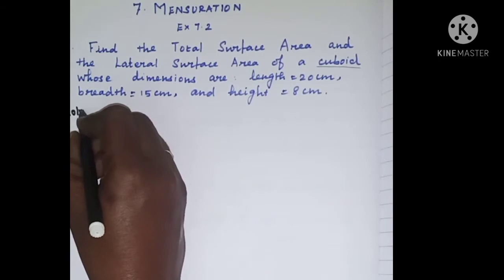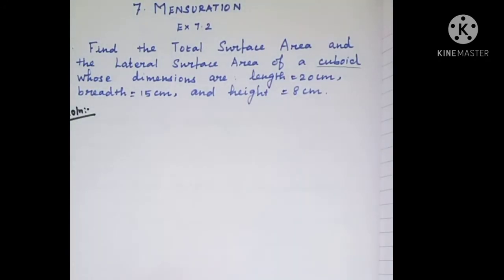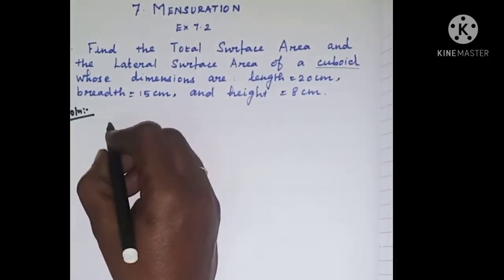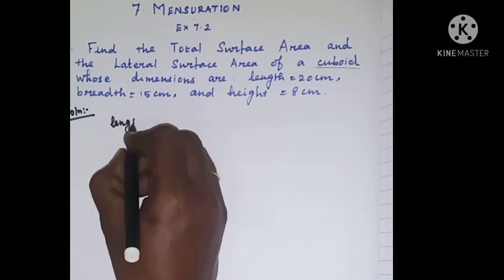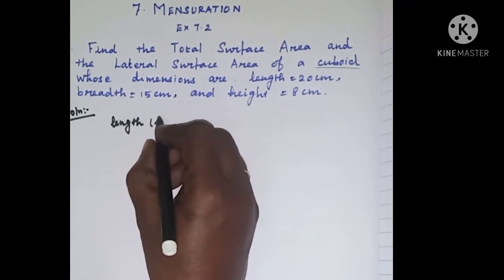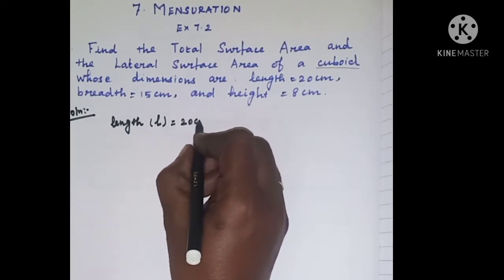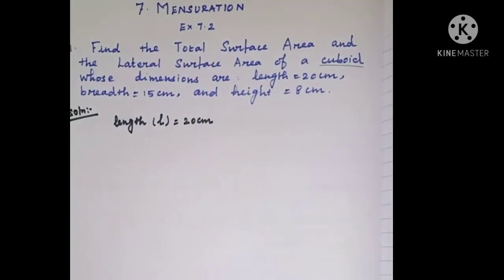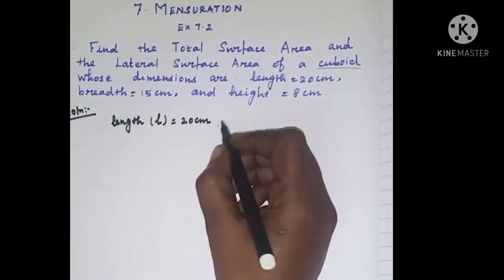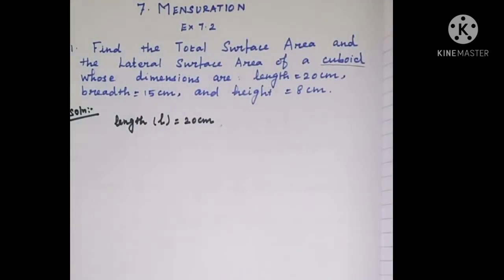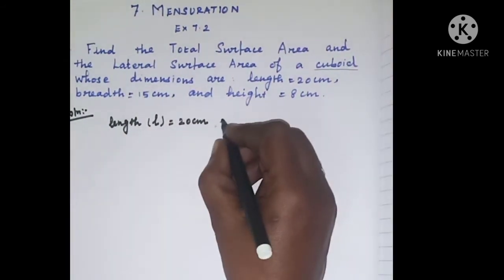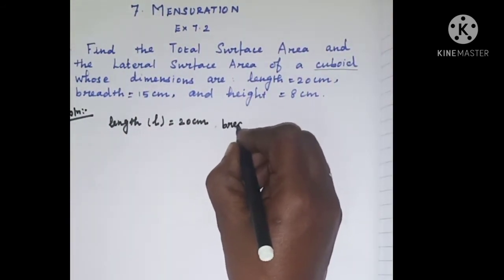Solution. What are they given in the problem? The length of the cuboid, L, is equal to 20 centimeter. Breadth B is equal to 15 centimeter.